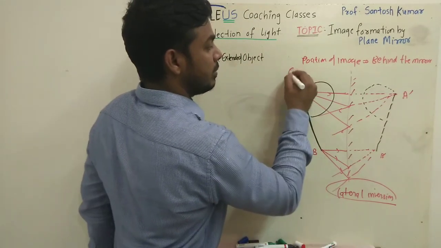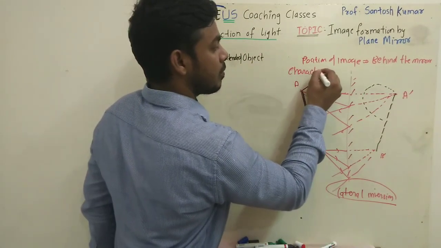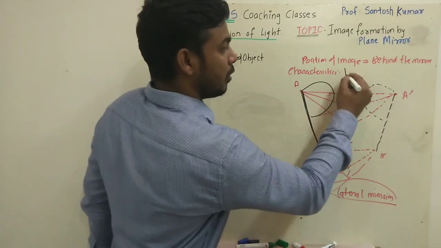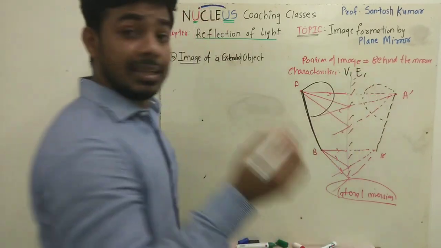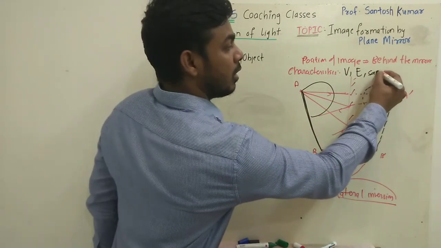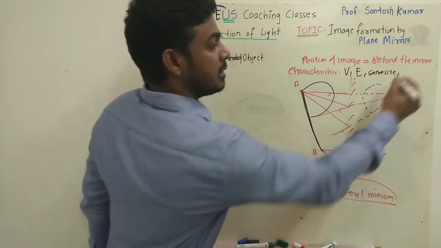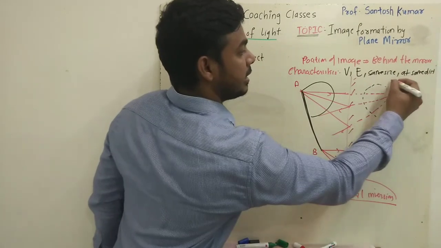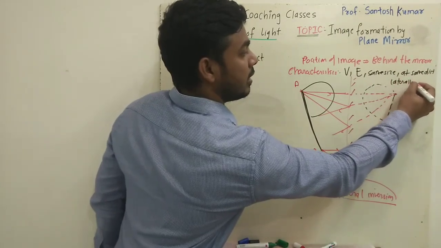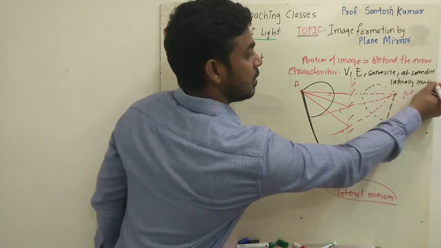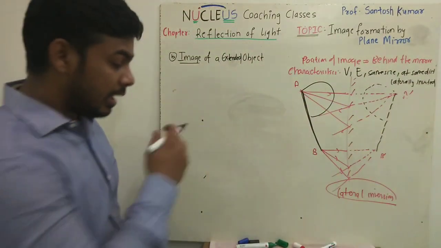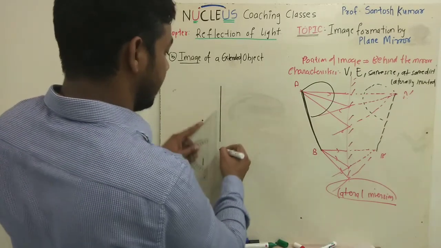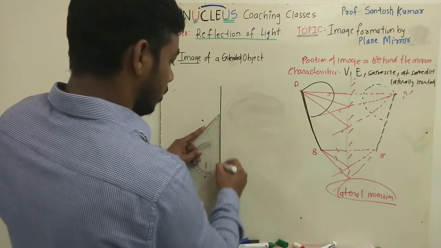And if I talk about some characteristics, you can say, sir, image is virtual, it is erect, the image is of, come on tell me, same size, at same distance, and most important, it is laterally inverted. Image is laterally inverted. I'll show you the method how to draw, how to construct this image in your notebook.